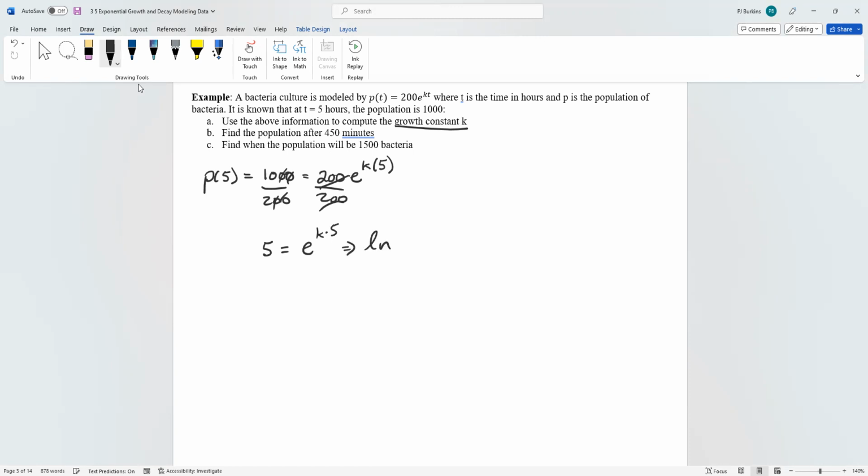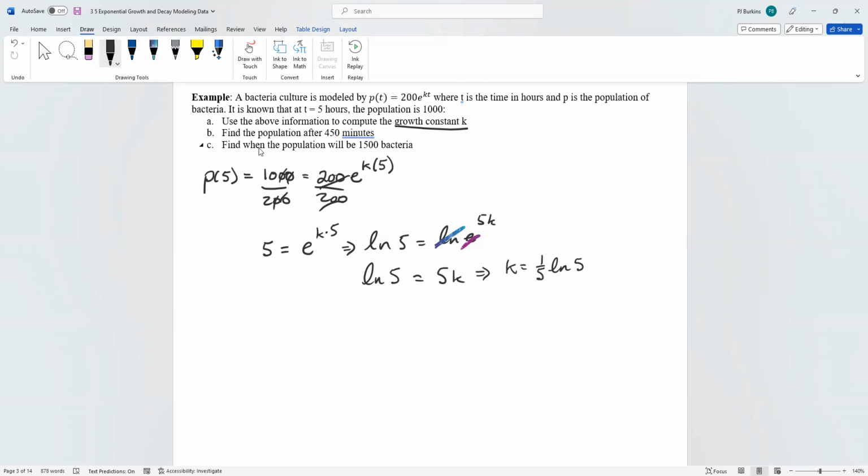Again, take the natural log to get that power down. I'll just write it as 5k this time. And natural log and e cancel. And we get natural log of 5 is equal to 5k, or rather, k is 1/5 of the natural log of 5.